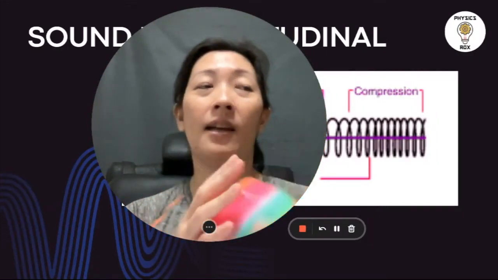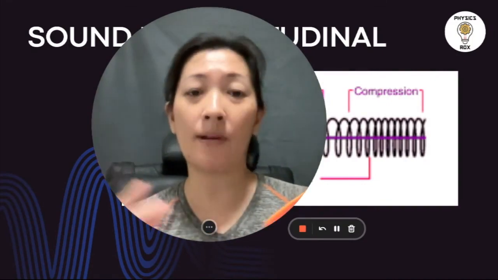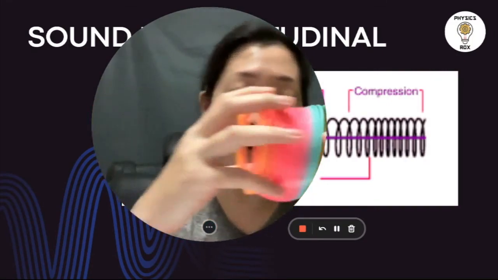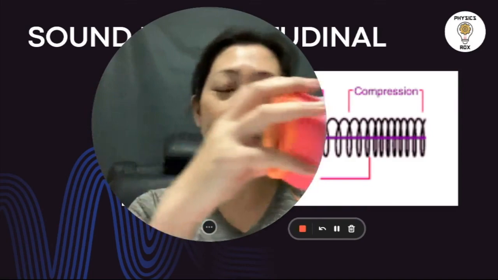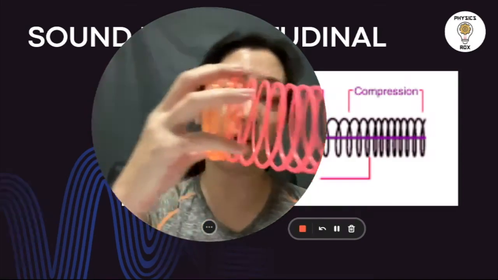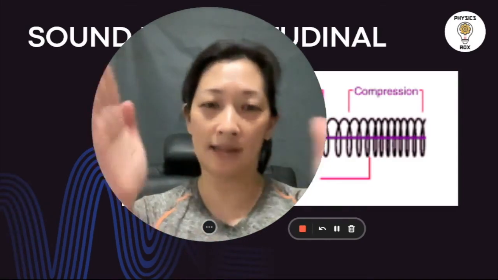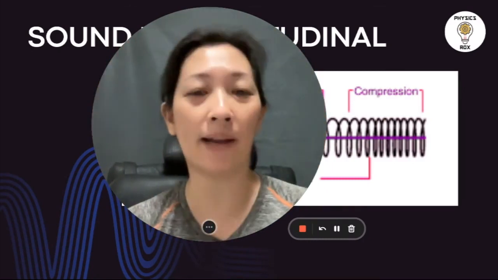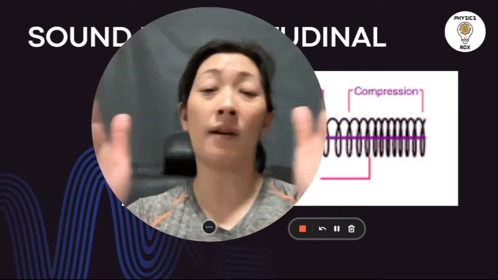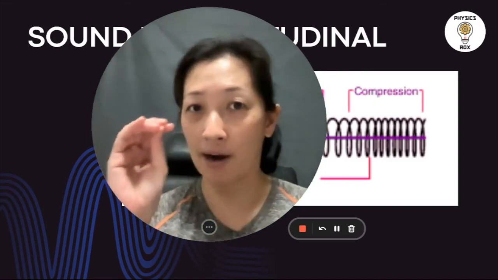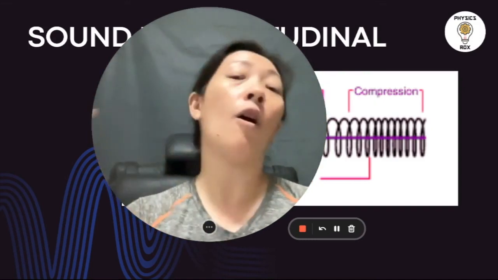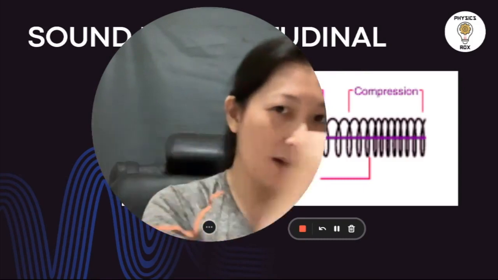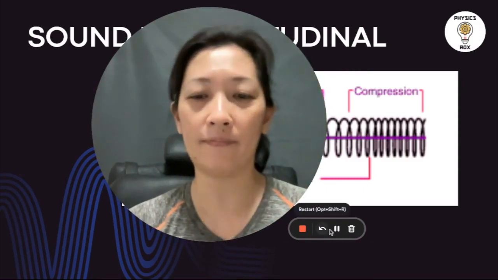That means that if sound was traveling through air, for example, the air particles are undergoing compression and rarefaction as they're transferring energy from one end to another end. So the air particles are doing this. Okay, so the sound waves are undergoing compression and rarefaction, and the particles are oscillating or vibrating parallel to the direction of wave travel.